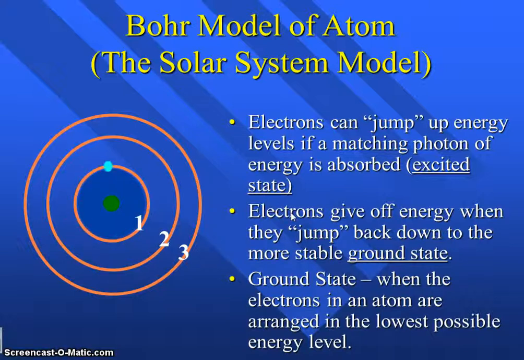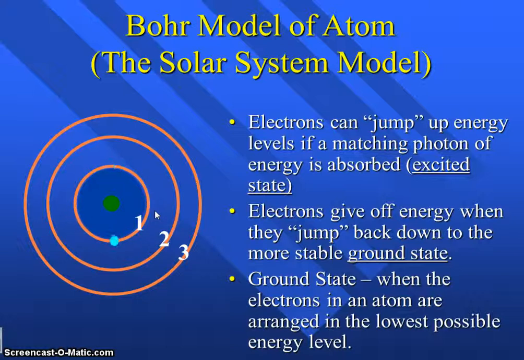Now just a quick note about the ground state. Ground state does not mean that all of the electrons are always in the first energy level. It just means they are in the lowest possible energy level. Now, if I only have one electron, the lowest possible energy level is the first energy level. As you may remember from previous science classes, we can fit up to 2 electrons in the first energy level.